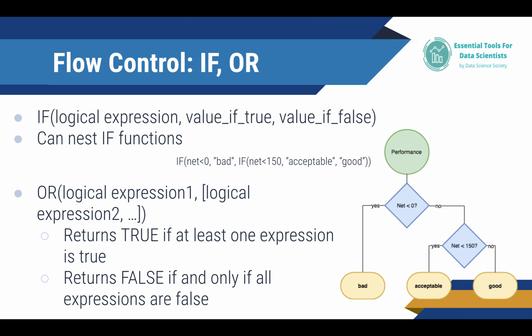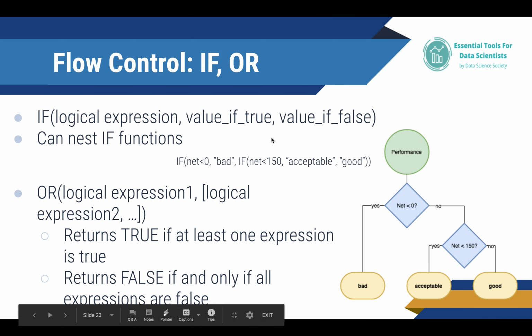And then if our net is greater than 0, then if this conditional is proven false, we jump to the value if false, which is another if function. Crazy, right? If we have now less than 150, and that's true, then that goes to acceptable. And if this is false and we have greater than 150, then we are good. And I think that makes sense.